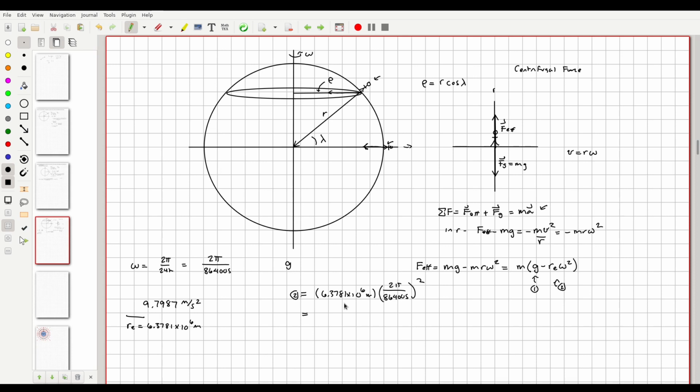Times pi. Divide that by, and then we're going to multiply that by 6.3781 times 10 to the 6. And I get something like 0.00538 meters per second squared.